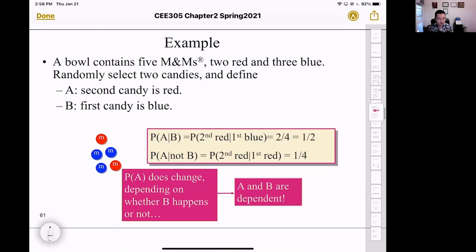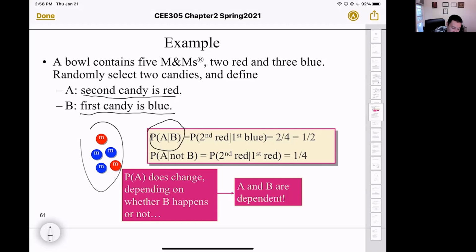All right, so another candy problem. The bowl has five candies, two red, three blue. Choose two candies randomly and define A: the second candy is red, and B: the first candy is blue. So let's first calculate P(A given B). First, let's figure out the condition.